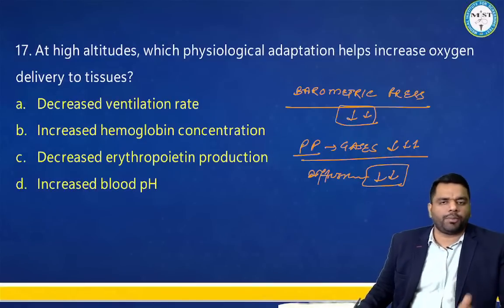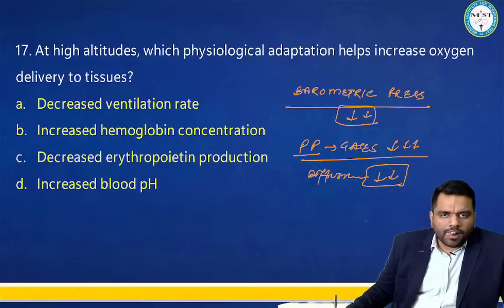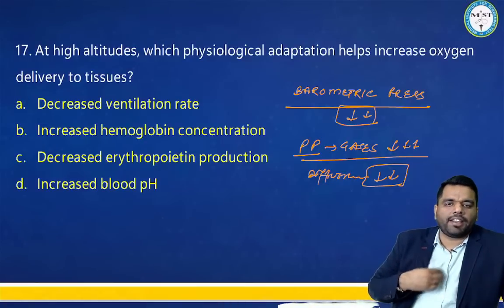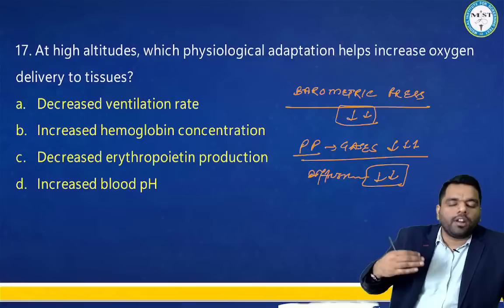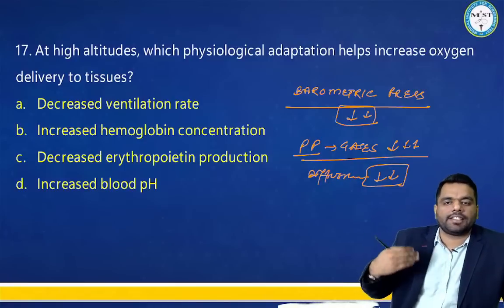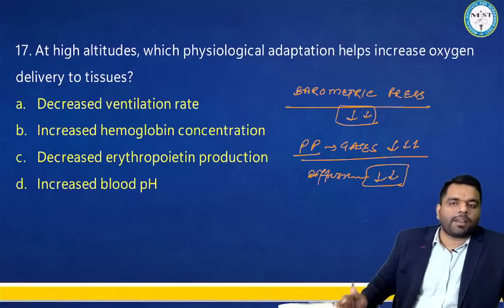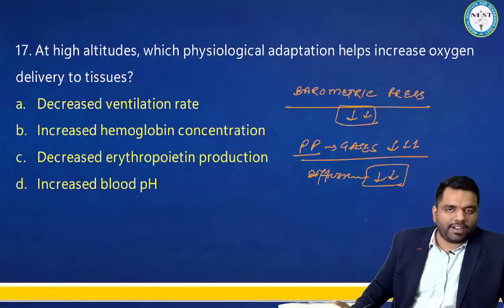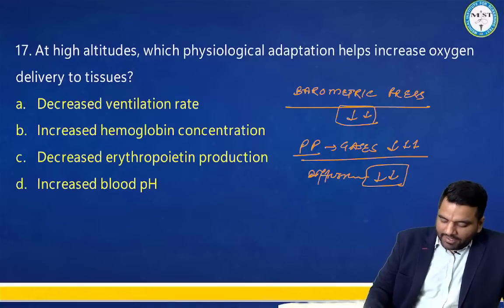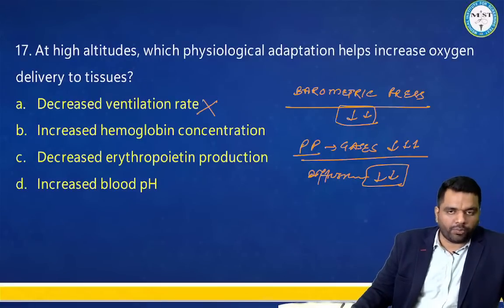So everything is going to be decreased. What will happen? If less oxygen is coming inside, what would you like to do? You would like to do more and more respiration, meaning you are increasing the respiratory rate. This will lead to hyperventilation, not hypoventilation. So the first option, which states decreasing ventilation rate, no, beta, this is not true.